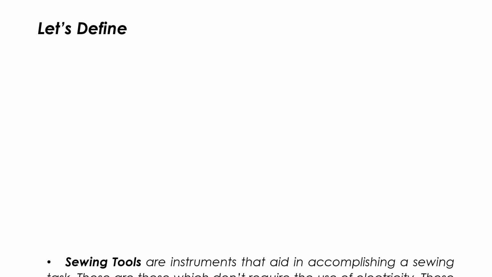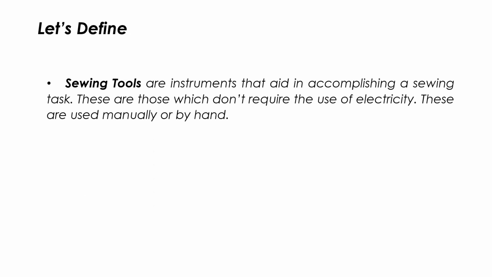Let's define. Sewing tools are instruments that aid in accomplishing a sewing task. These are those which don't require the use of electricity. These are used manually or by hand.